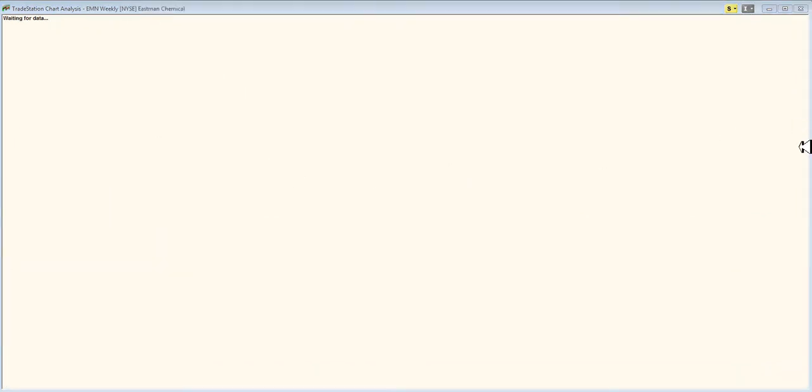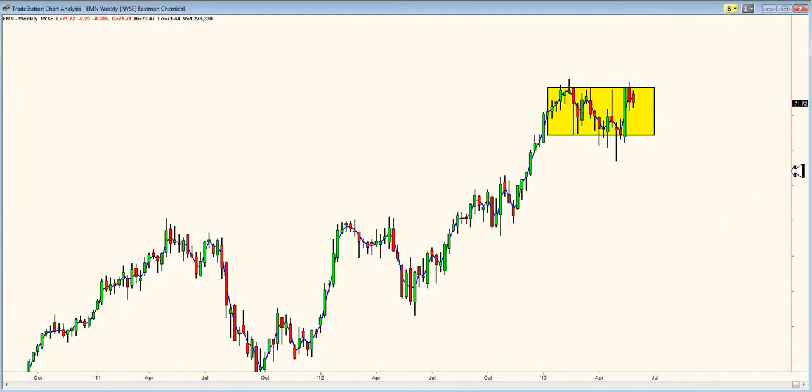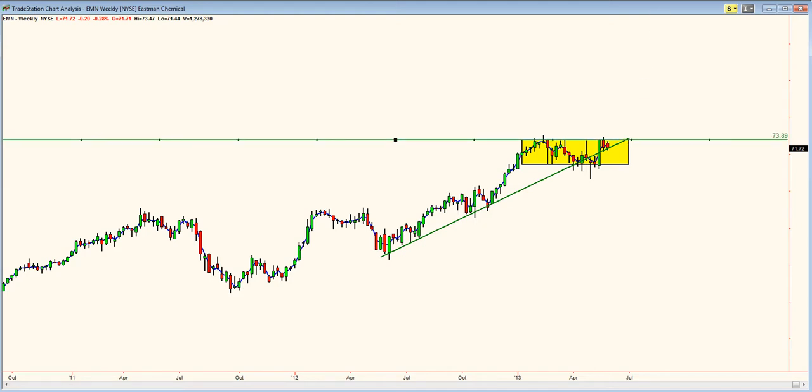How about EMN? Nice trend up, but the trend has been broken, but the trend has not reversed. Still sitting here. Broken, sideways, waiting on a resolution here on this box. How about eBay?